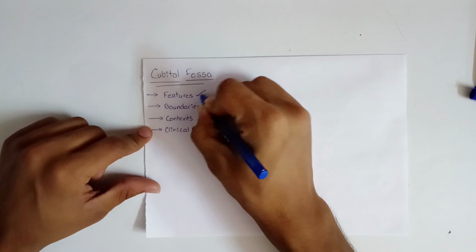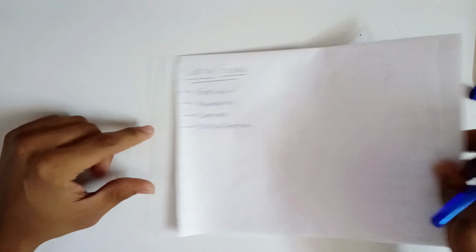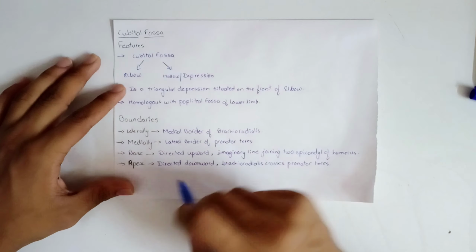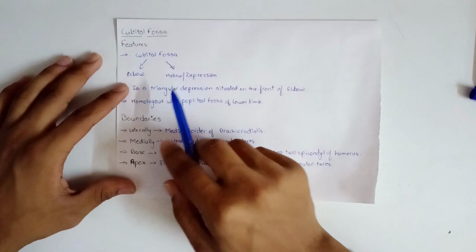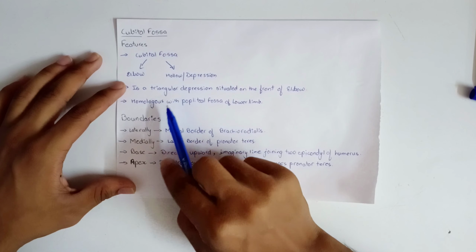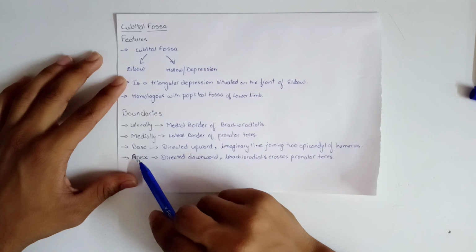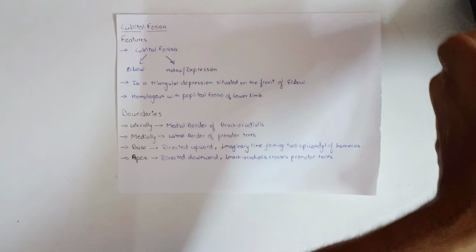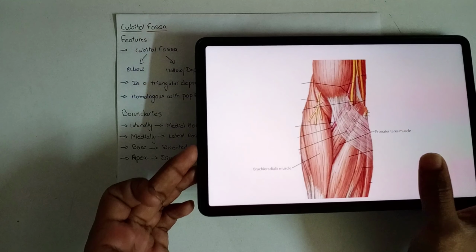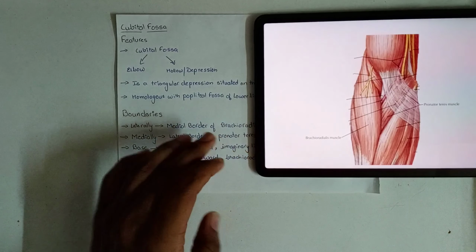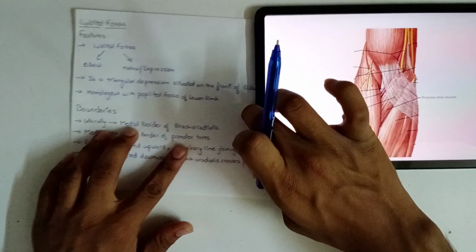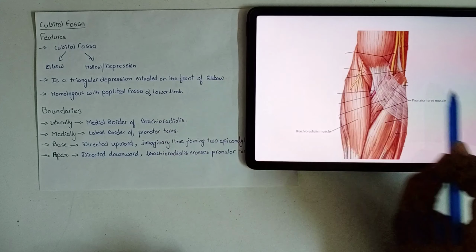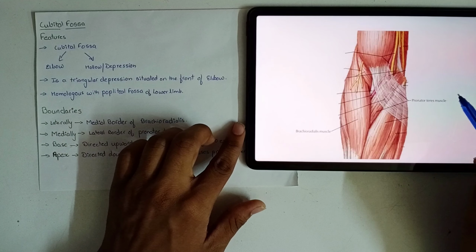Now we will be doing boundaries. This fossa is a triangular depression, so we will be doing its base and apex also. Laterally, medial border of brachioradialis. This is the medial side and this is the lateral side.